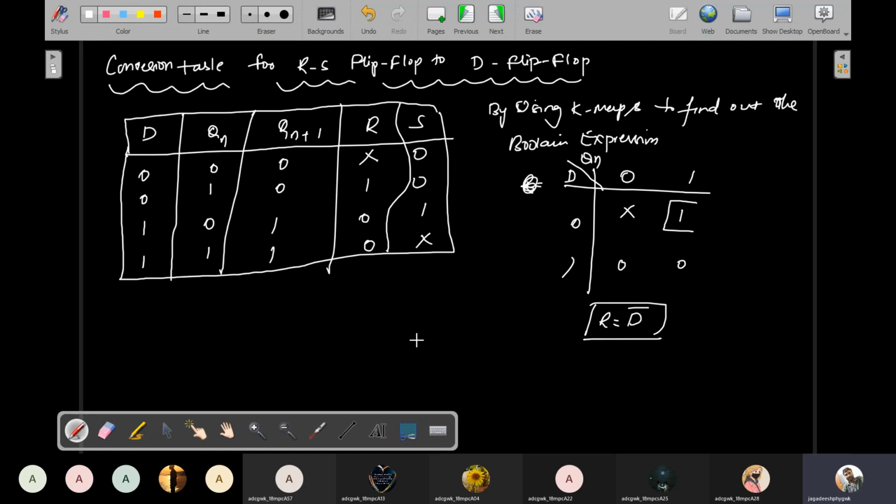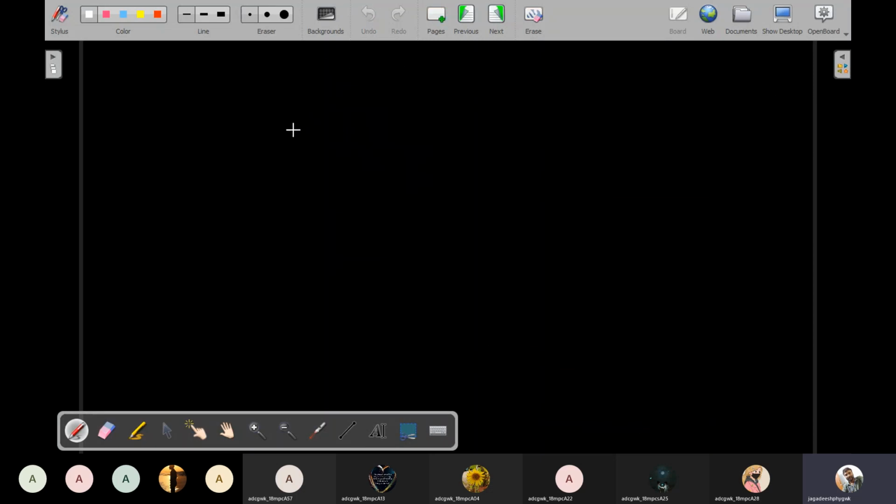Similarly for S, S is equal to D only. So these two are the Boolean expressions of this conversion table obtained by using K maps. Now I want to draw the required circuit diagram.